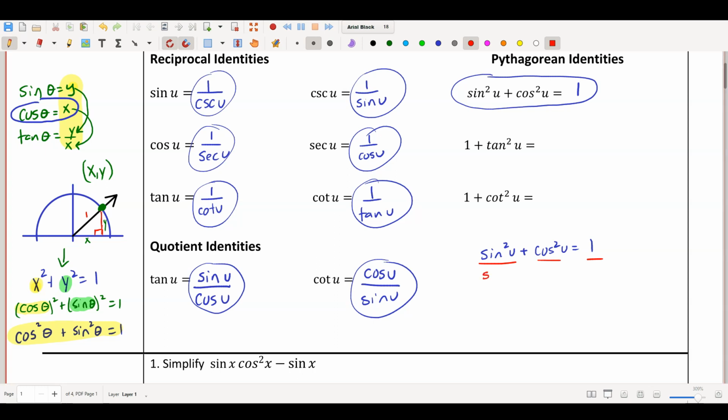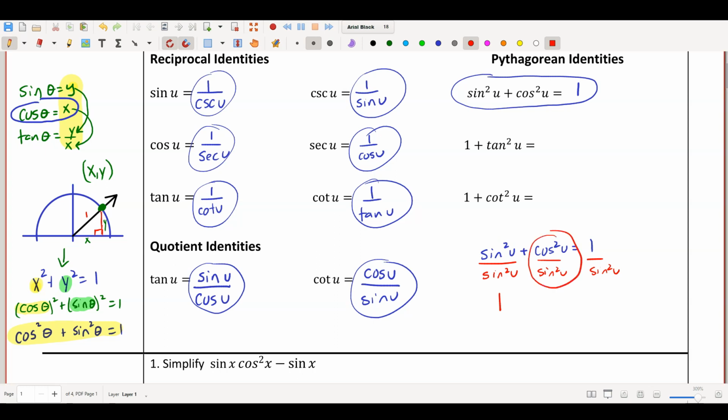Let's say we did it by sine squared of u. I just divide everything by the same thing. We know in algebra, if I take an equation and divide everything by the same thing, it's still an equation. So that's what we're doing here. I'm just shaking this up a little bit. So if I take each and every single thing here, sine squared of u divided by sine squared of u, that would equal 1.